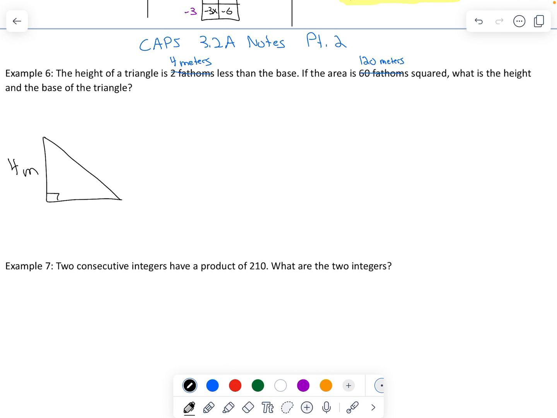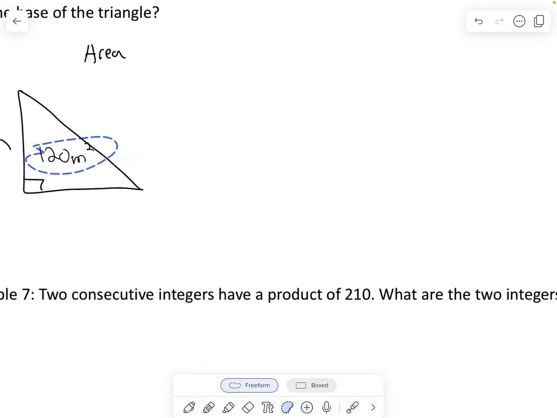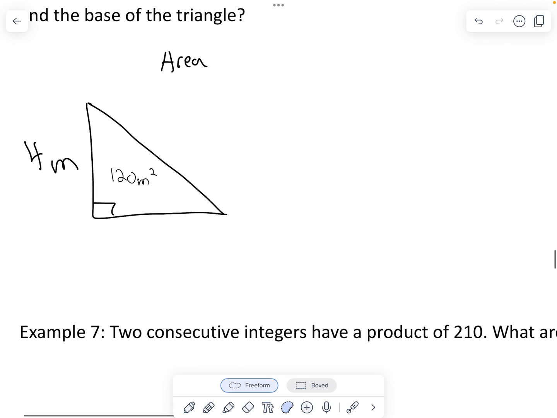The area of the triangle is 120 meters squared. That's the area of the triangle. In fact, I'll delete that and I'll just put this number, shrink it up a little bit in there. There we go.